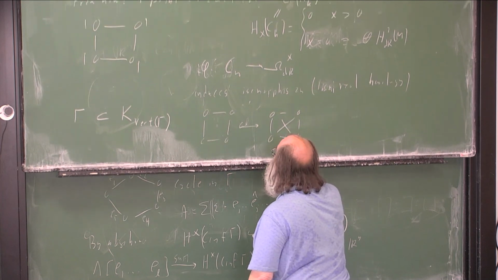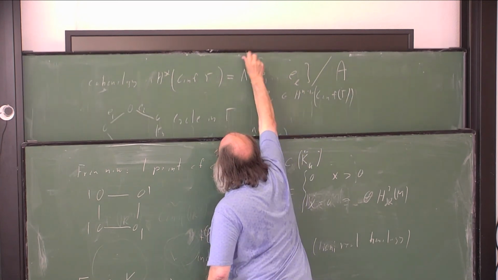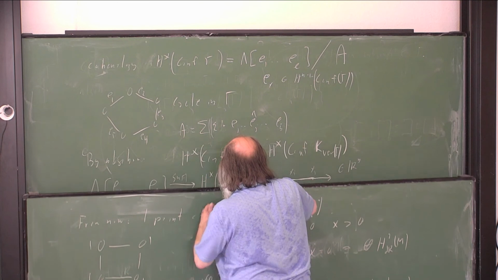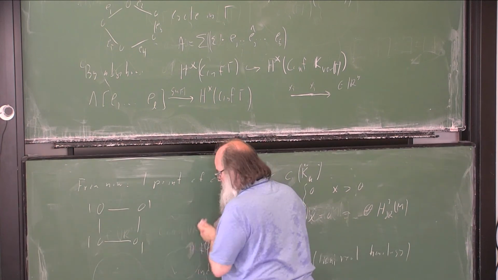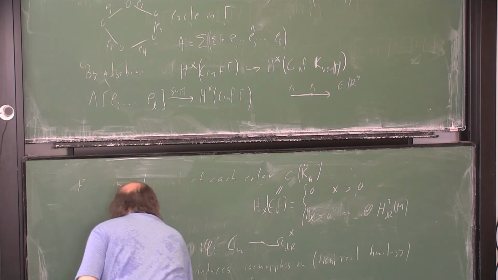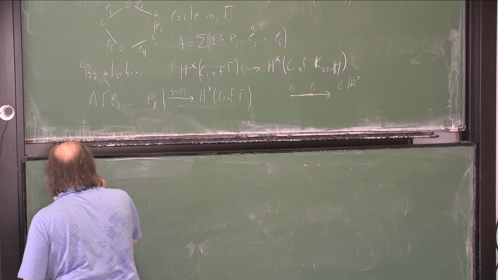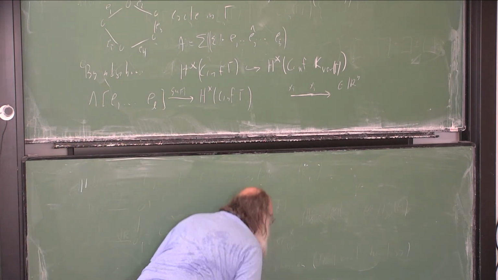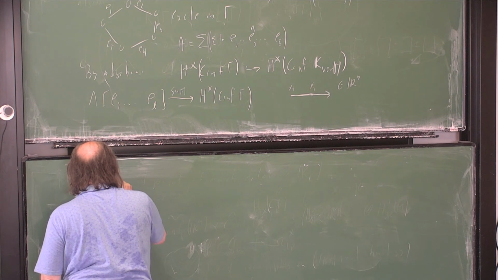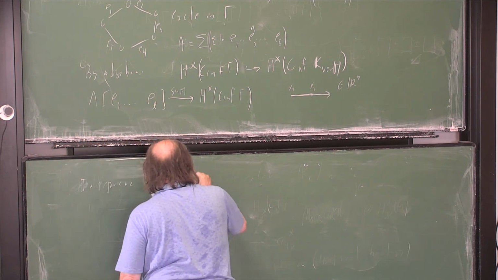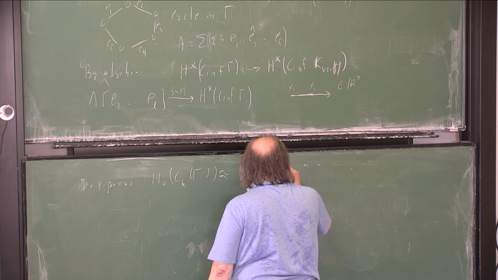Now, using these things, it turns out that by pure and rather simple algebra, you show it's enough to prove that H naught of C_k gamma is isomorphic to the homology of this configuration space.